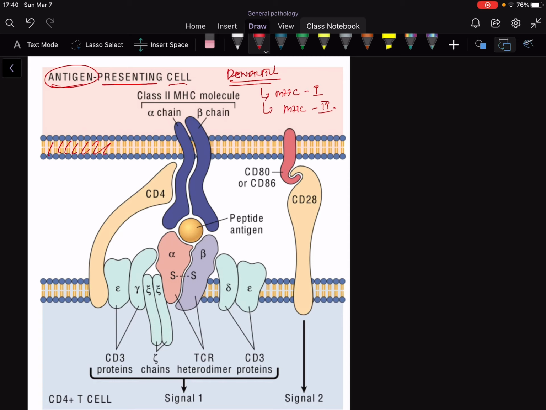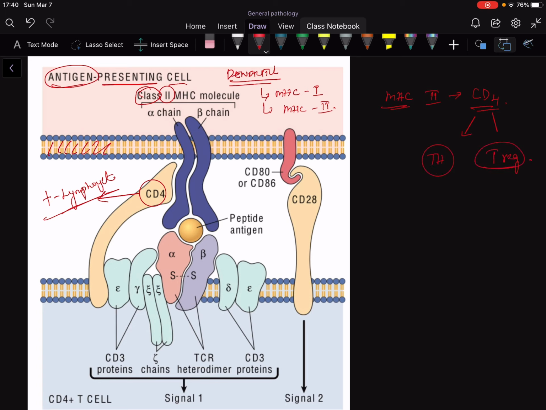As you can see, this is the MHC class 2 molecule. MHC class 2 binds with CD4 positive. This is the CD4 positive present on the T lymphocyte. Since it is CD4 positive, the T lymphocyte is either T helper or T regulatory.